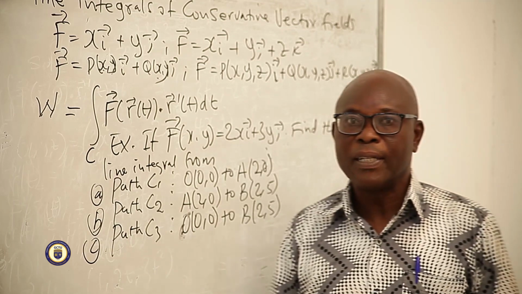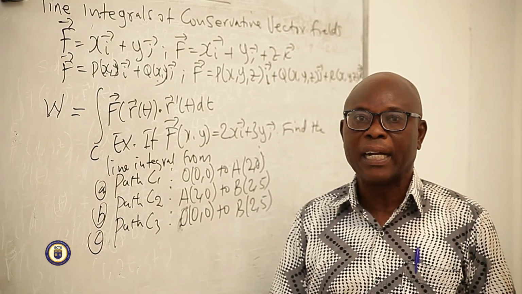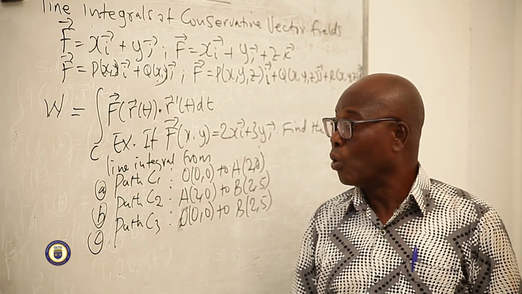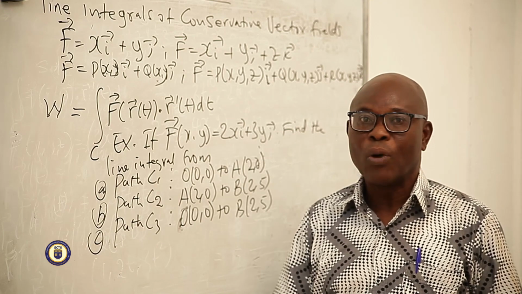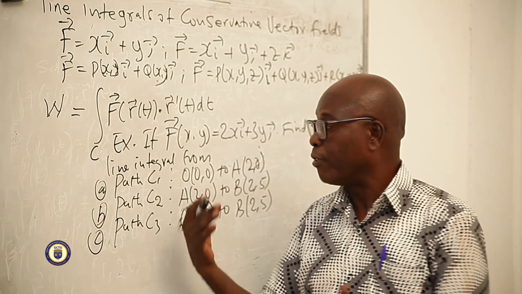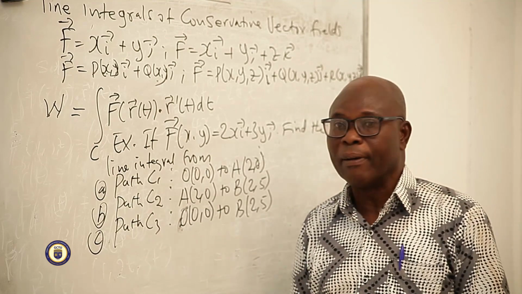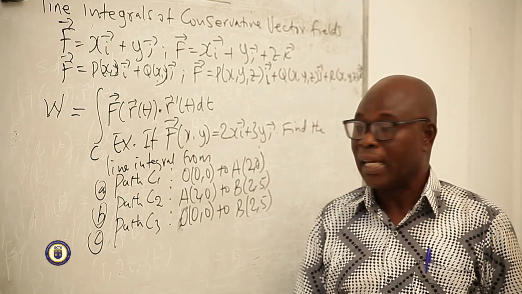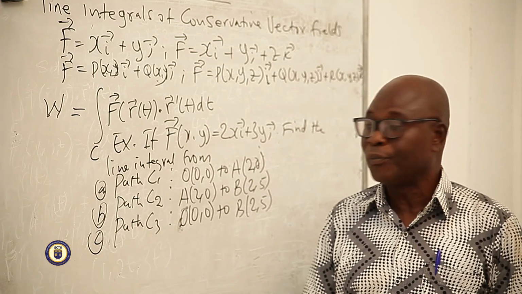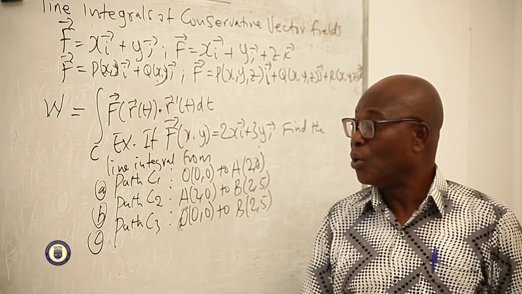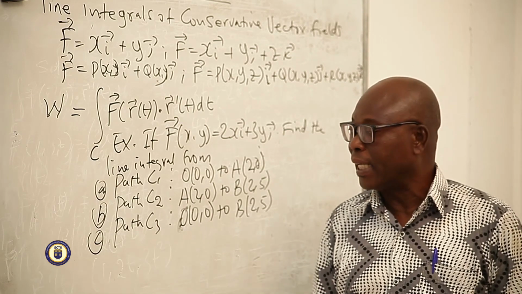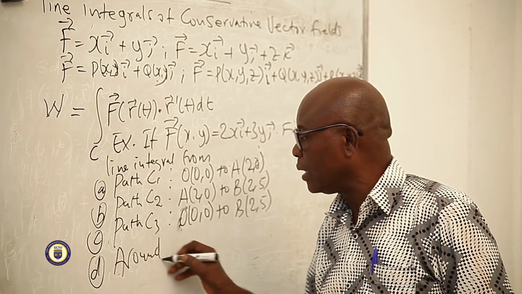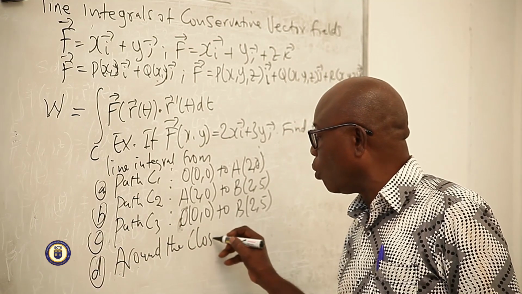So it means that we can find the line integral along a designated path. And so we'll look at a situation where we'll find the line integral of an object through different paths. So we have path 1, path 2, and then path 3. And then maybe eventually we will analyze the situation where we go around the closed path.